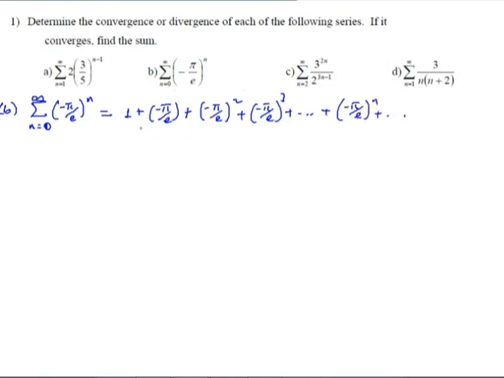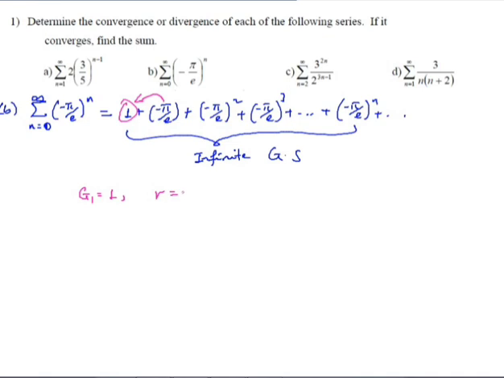Obviously this is also an infinite geometric series. The first term is 1, therefore G1 is 1, and the common ratio, the ratio between the consecutive terms, is minus pi over e.